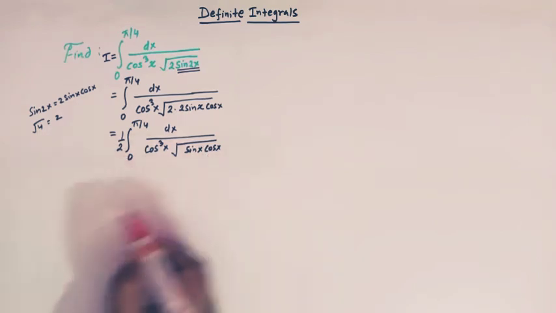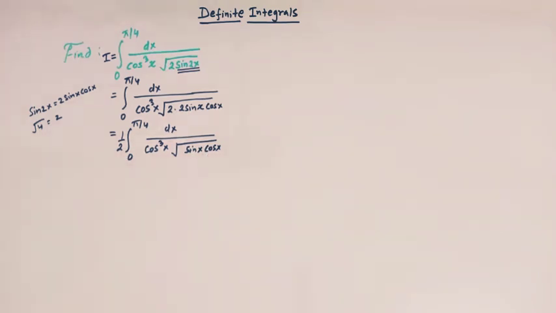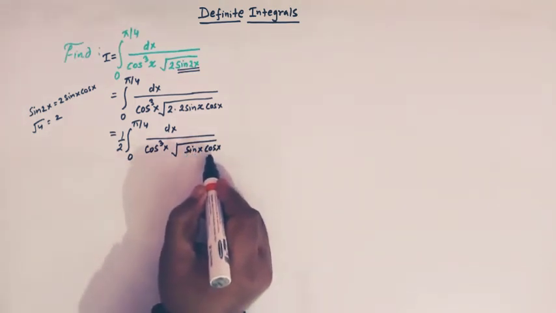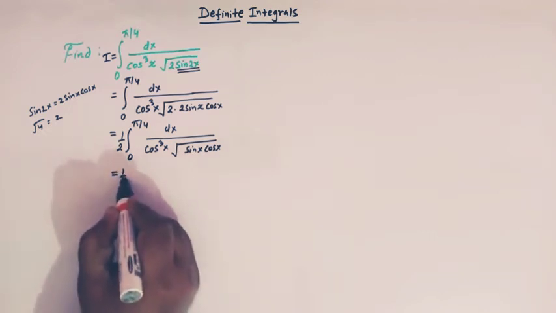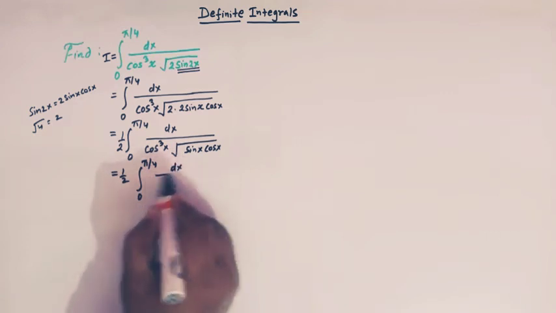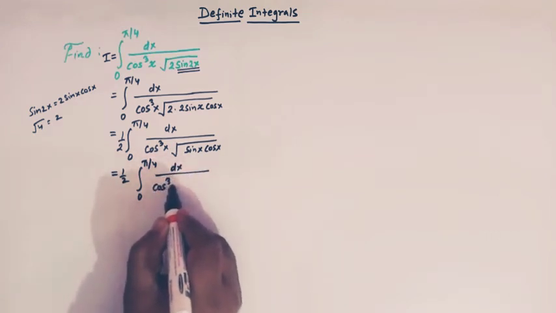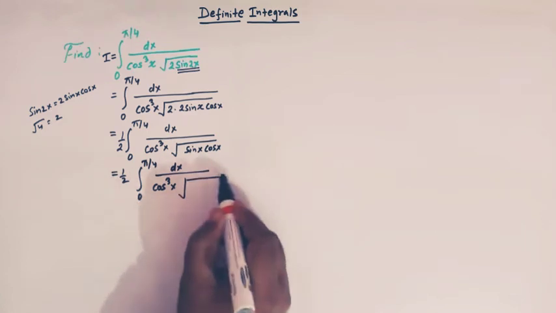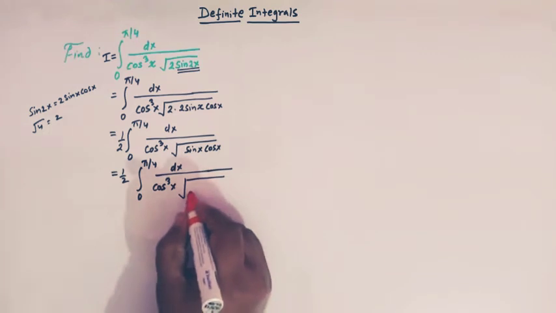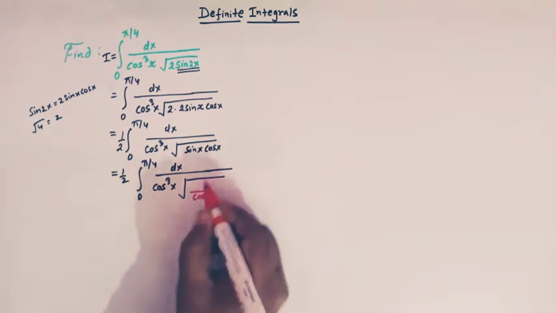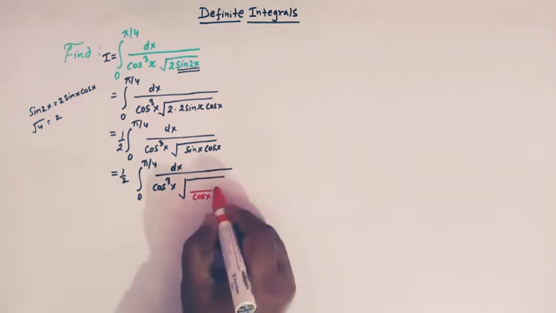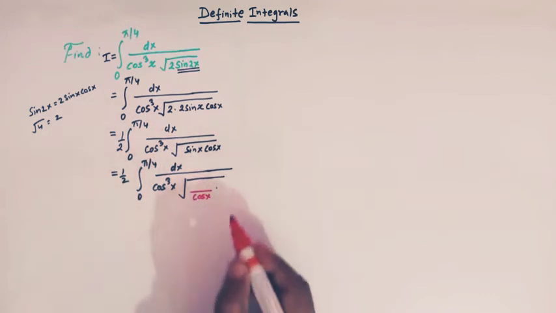What we will do is multiply and divide this term by cos x. So we write the integral from 0 to pi by 4 of dx, then cos cube x, and in the square root term we divide sine x cos x by cos x and multiply by cos x.